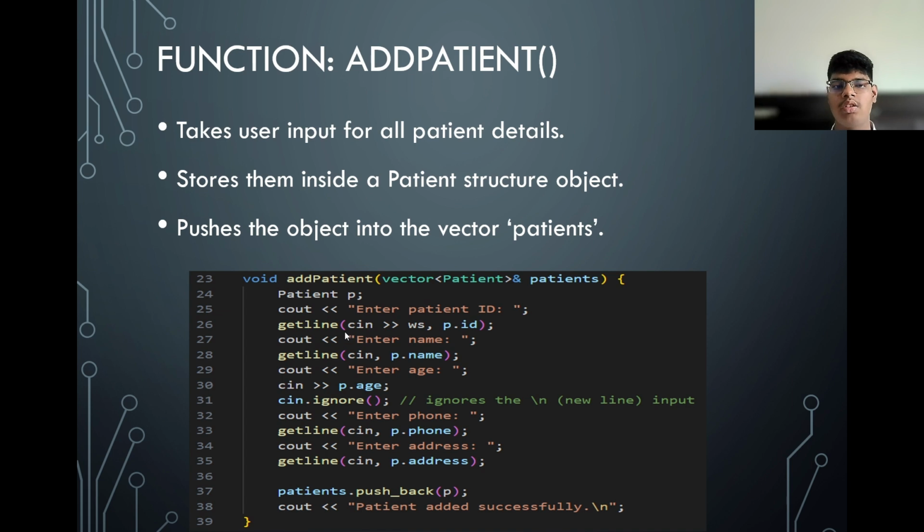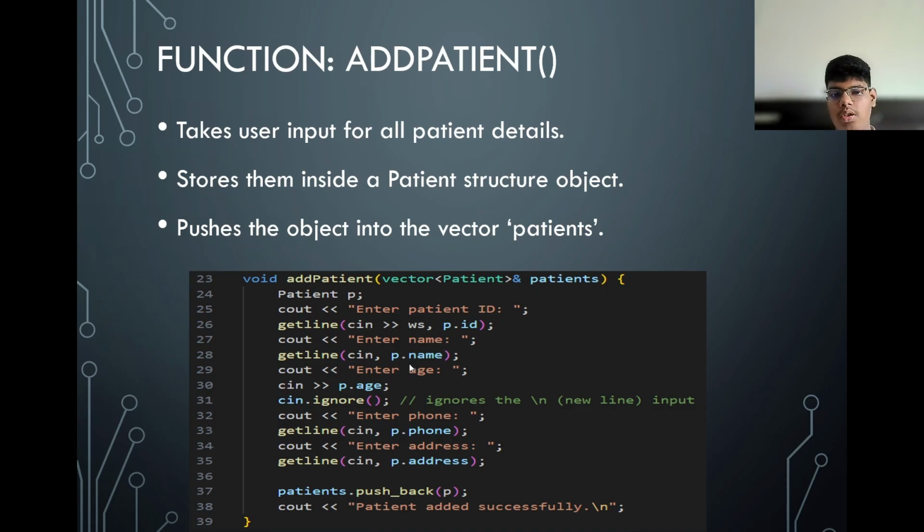The getline function is part of the string library. Here we can see the line cin >> ws. What this does is it ignores the newline left in the input buffer by the cin function. Then we are storing the input given by the user in p.id.